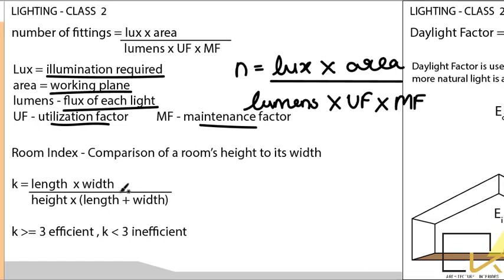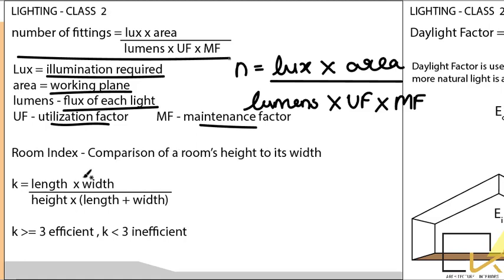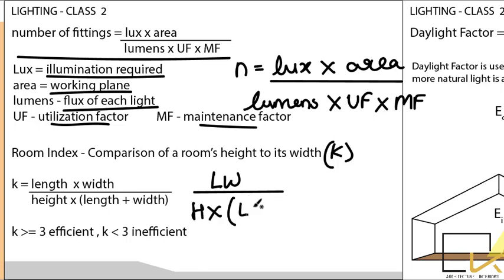The next concept is room index, denoted by K. Room index is a comparison of a room's height to its width. K is equal to length into width divided by height into length plus width.